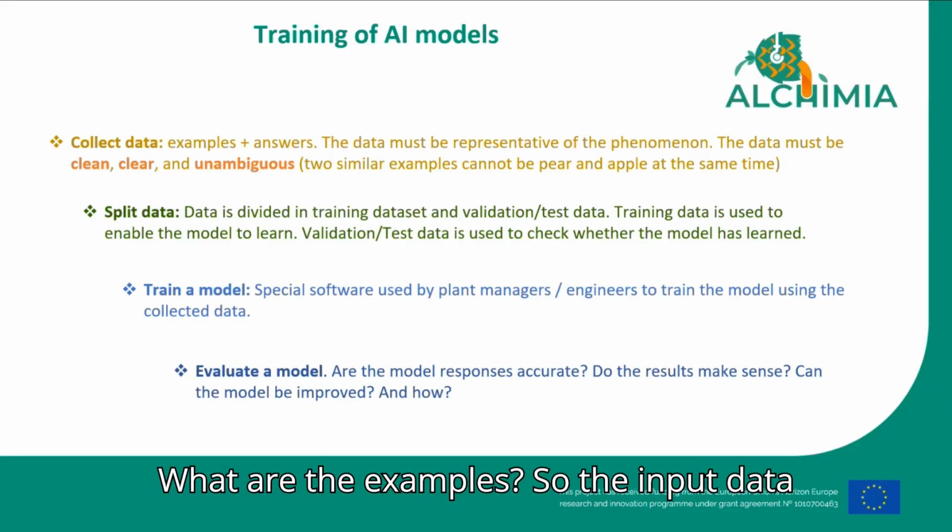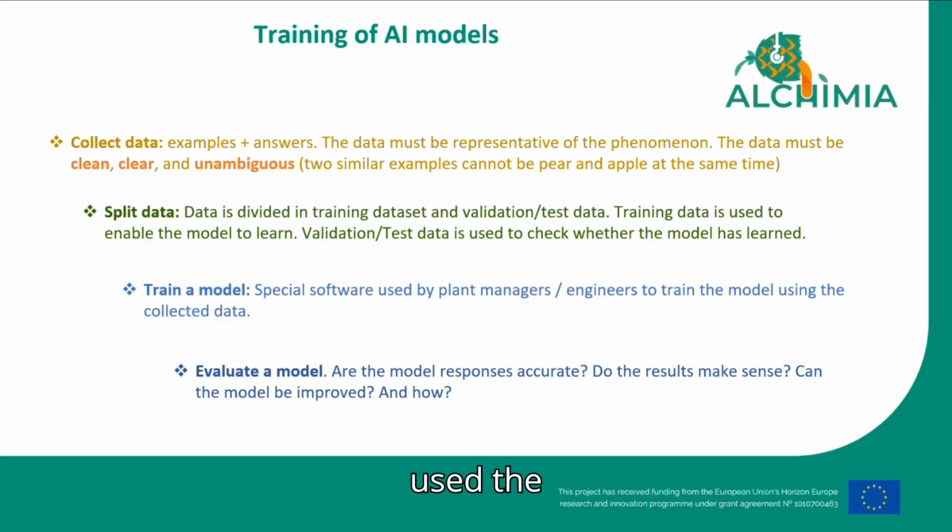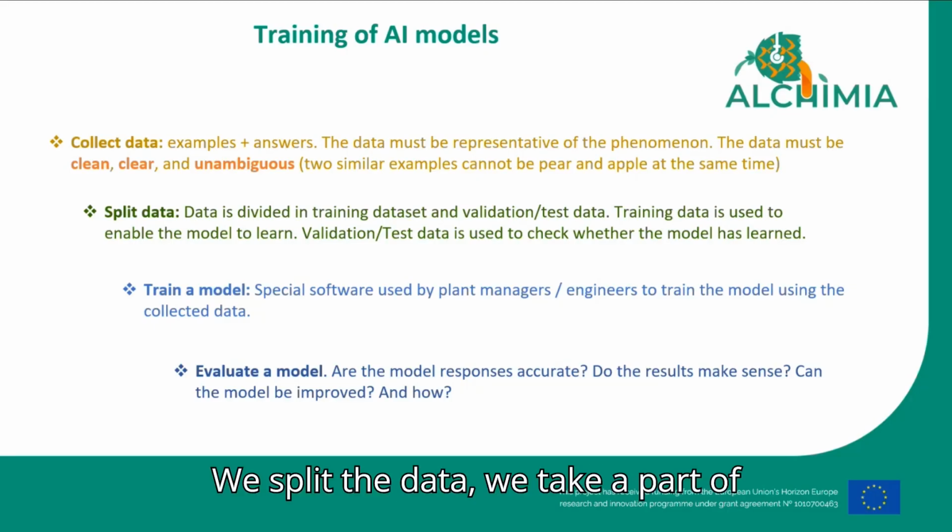And what are the examples? The input data are, for example, the amount of energy we used, the mass of the steel, the types of the steel, the particular composition. If you have more carbon or less carbon, the heating distribution will change in time, so the temperature will change. We split the data.